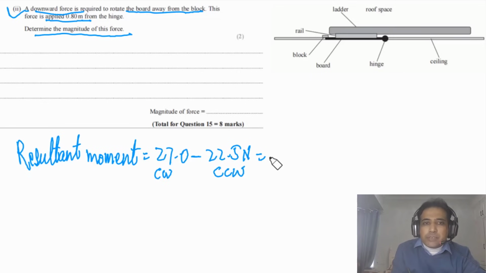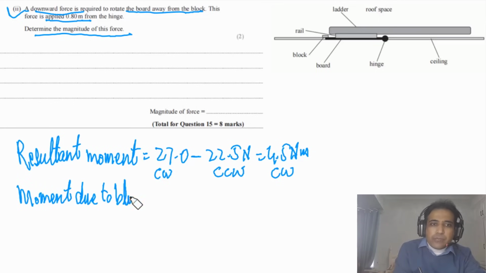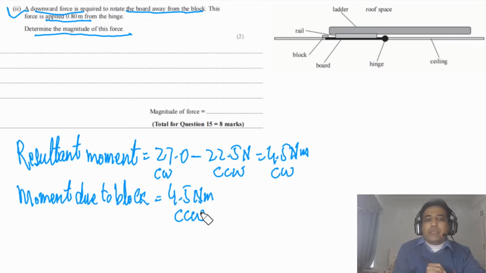So in this case, the resultant moment will be equal to 4.5 newton meters, and this moment is clockwise. To balance this one, the moment due to the block has to be equal to 4.5 newton meters, but this one has to be a counterclockwise moment.